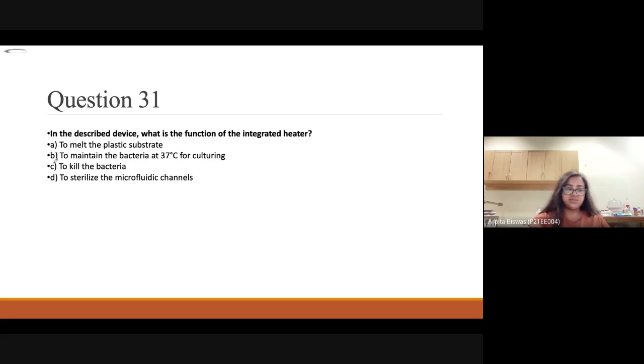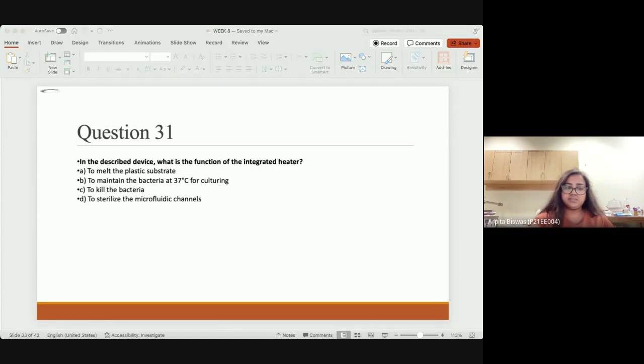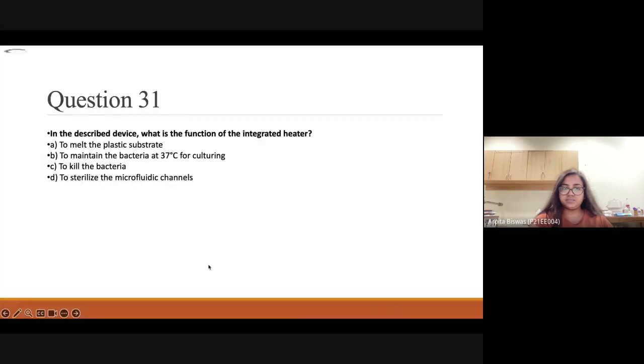So what is the right answer? So option B is the right answer, to maintain the bacteria at 37 degrees for culturing.